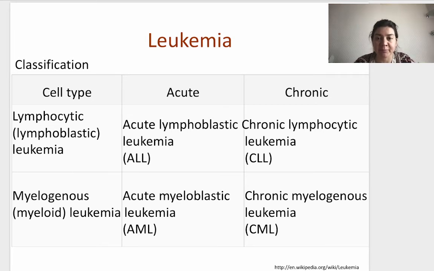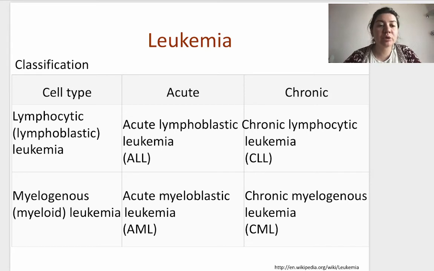By cell type, there are two main types of leukemia: lymphocytic or lymphoblastic leukemia, and myelogenous or myeloid leukemia. And according to type of progression, it can be acute and chronic. From these two classifications, we can make four main forms of leukemia: acute lymphoblastic leukemia, chronic lymphocytic leukemia, acute myeloblastic leukemia, and chronic myelogenous leukemia.